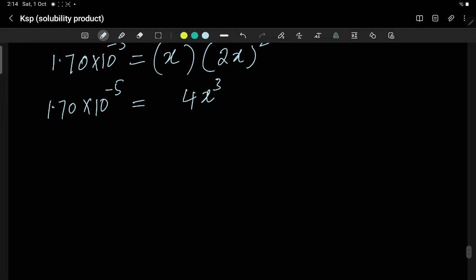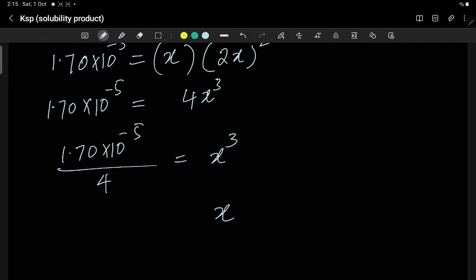So 4x cube is equal to 1.70 × 10^-5, divided by 4 is equal to x cube.